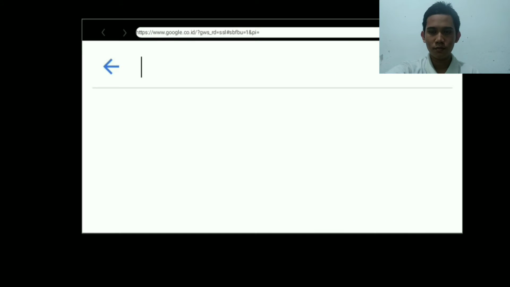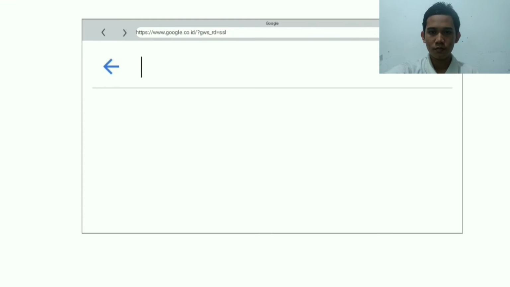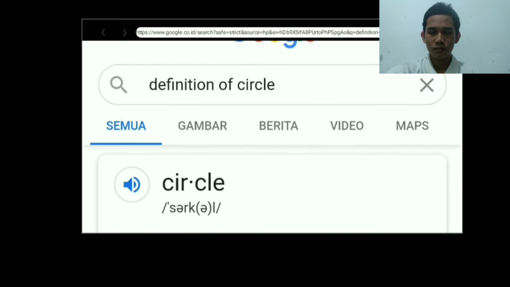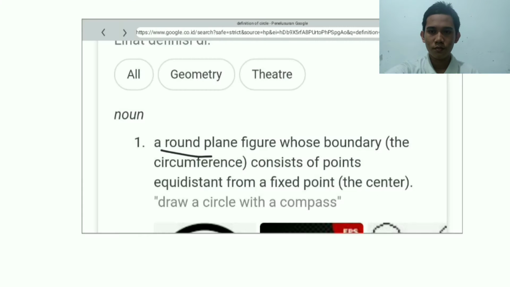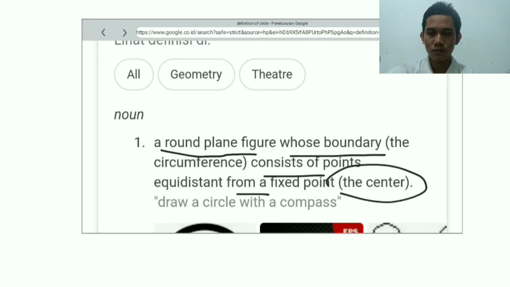If we search in Google about the definition of circle, we will find that a circle is a round plane figure whose boundary or circumference consists of points equidistant from a fixed point, or the center.